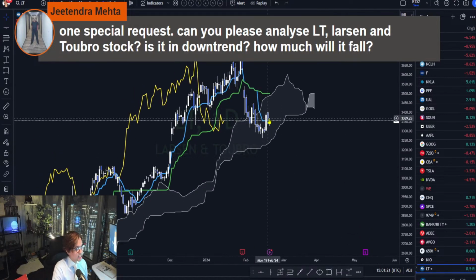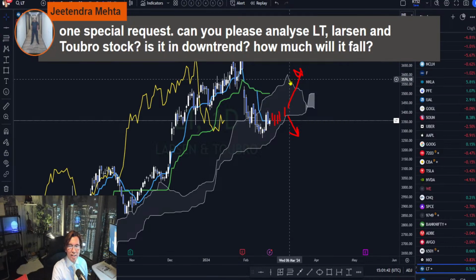Until the market breaks the Kumo, it's a range. So I think from here, the market continues in a range for the next 1 week or so and we see if it breaks. It may break the Kumo bullish also. So in this situation, we have to monitor the chart. We don't really know which way it's going.